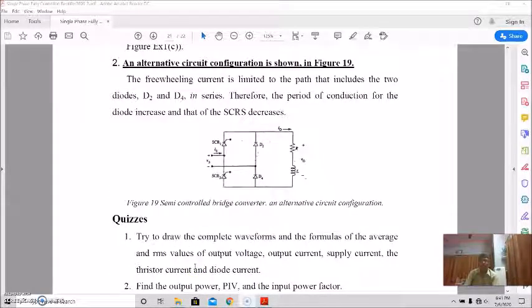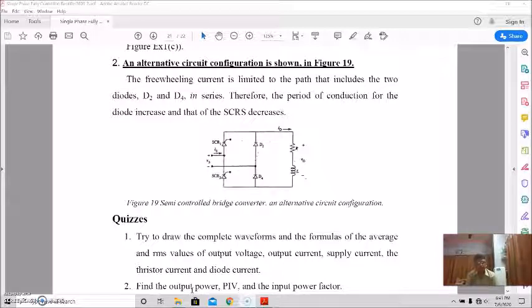We are trying to find some alternative circuit configurations of the single phase semi-controlled bridge converter. If we rearrange the 2 SCRs and 2 diodes in such a way, we have the 2 branches of the bridge.